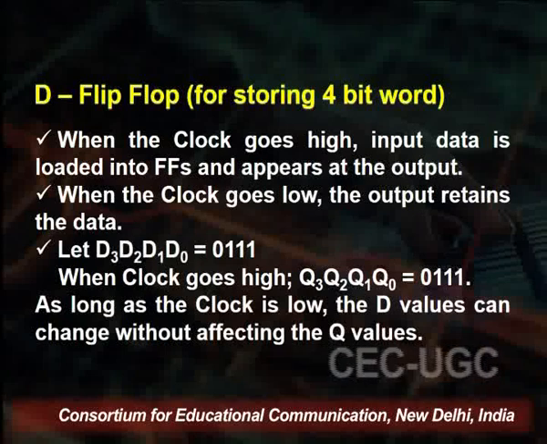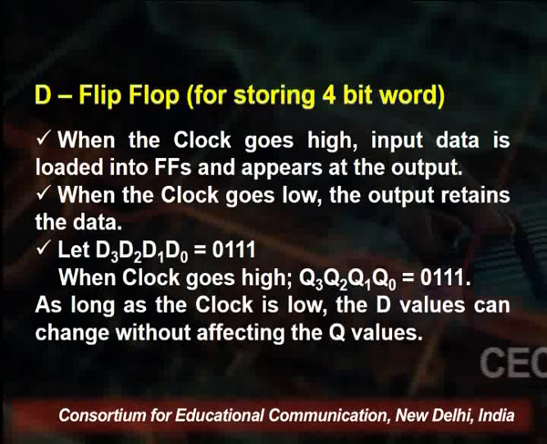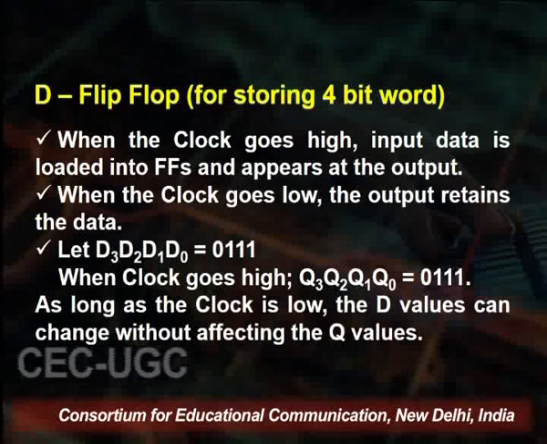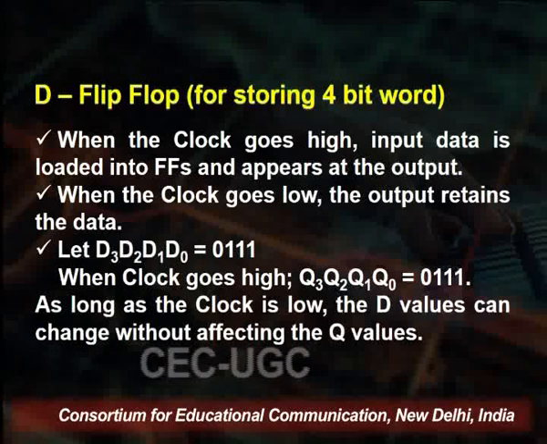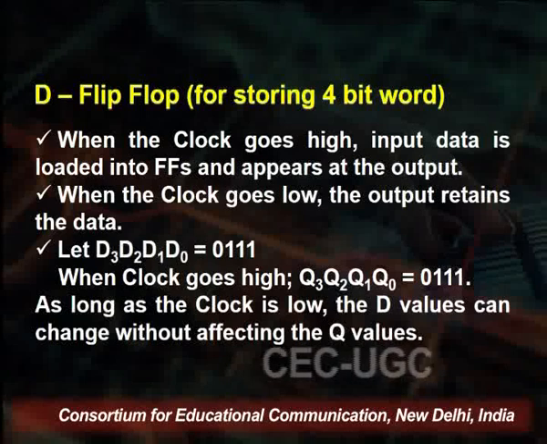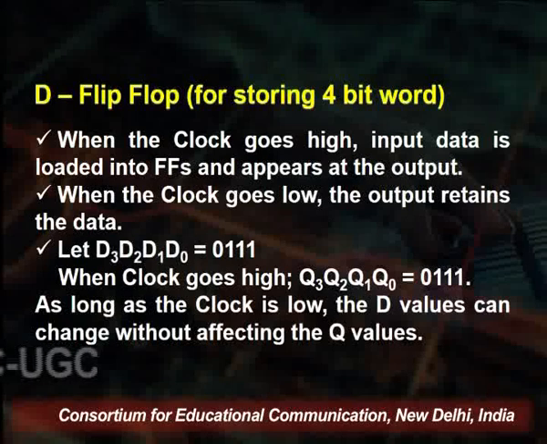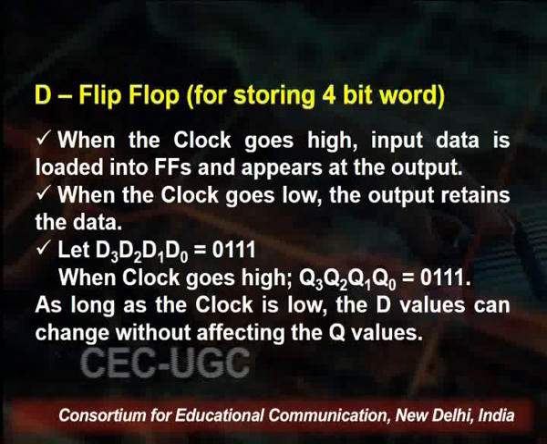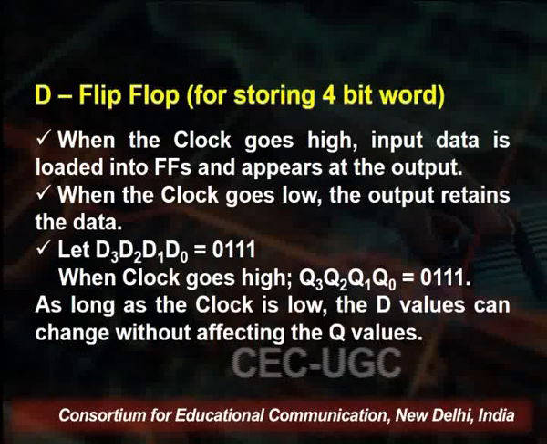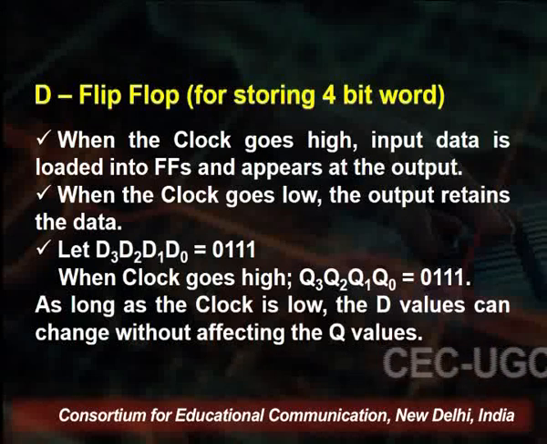So we consider another example as D3, D2, D1, D0 as 0111. When the clock goes high, our output, that is Q3, Q2, Q1, Q0, would read as 0111. As long as the clock is low, the D values can change without affecting the Q values.